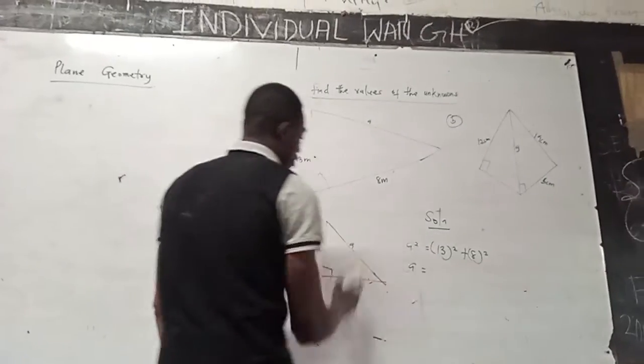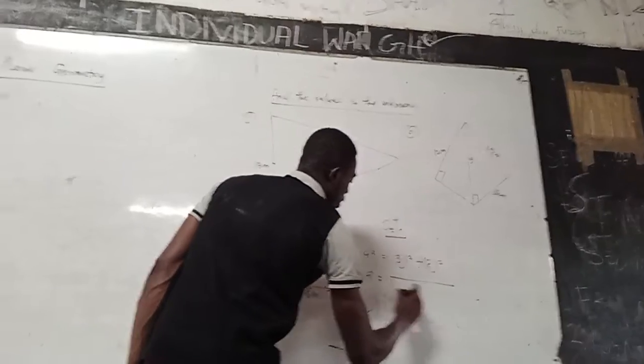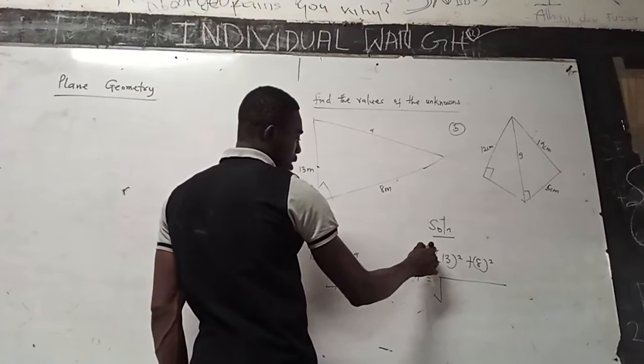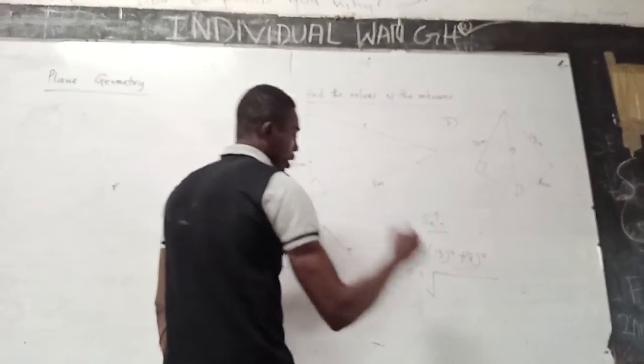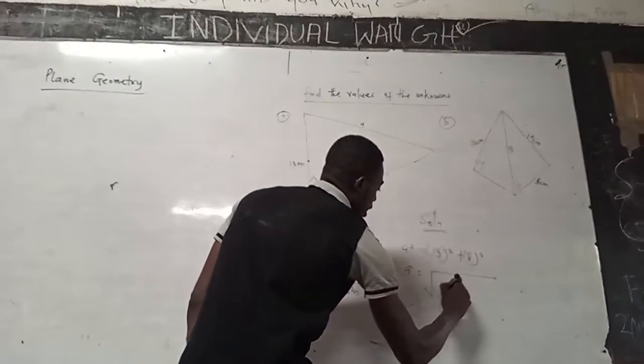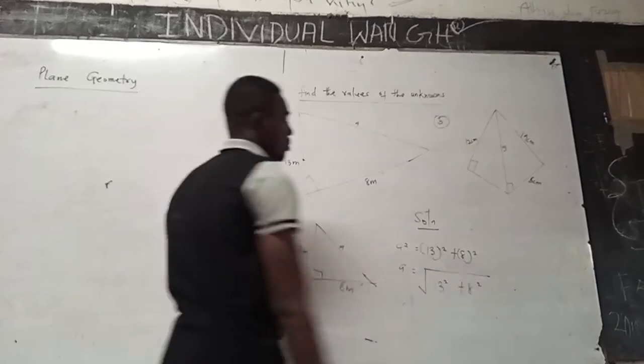Still, if you want to find the value of A, we are not saying find A squared, so you find the square root of this one, and the square root cancels the square. So we will get the square root of 13 squared plus 8 squared.